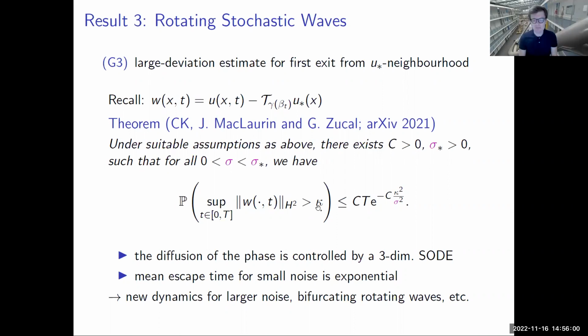In principle, I would expect that these techniques are robust and that they generalize, except that the 3D result would become, I don't know, a 6D or 8D or 10D result. It would have more dimensions. These equations become more and more complicated to analyze, because you want to take your parameters, stick them into the phase diffusion equation, and see how your noise acts along your symmetry group.